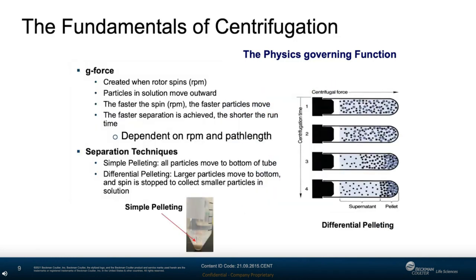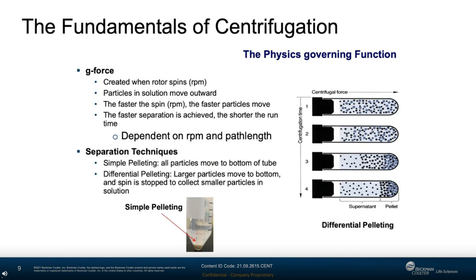The most popular method for separation by centrifuge is by pelleting, where all or most of the particles are collected at the bottom of the tube. Simple pelleting collects all particles, and differential pelleting stops the run while the smallest subpopulation is still in suspension. This is done when the smallest particles are being retained for downstream work.